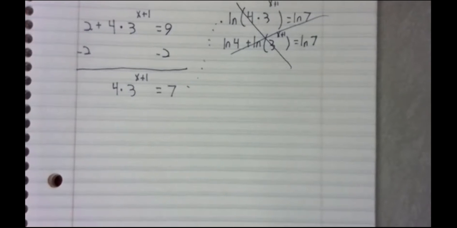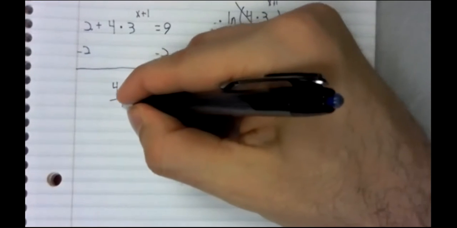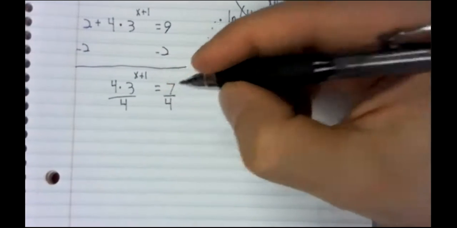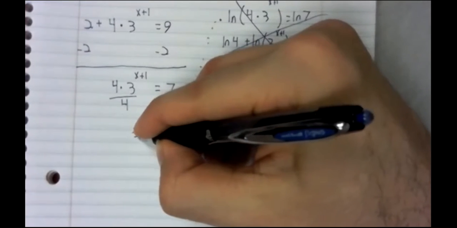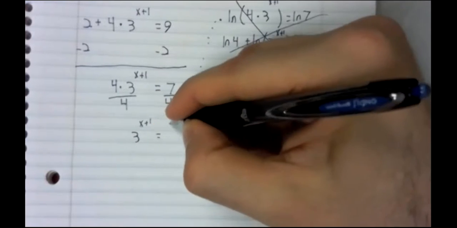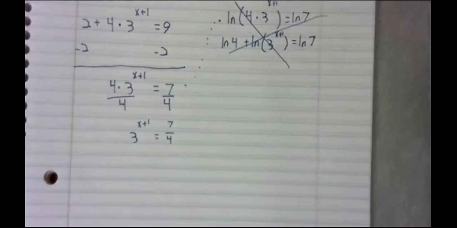I think that's making things complicated for no real benefit. It costs us basically nothing to divide both sides by 4 and get rid of that multiplication before we take a logarithm.